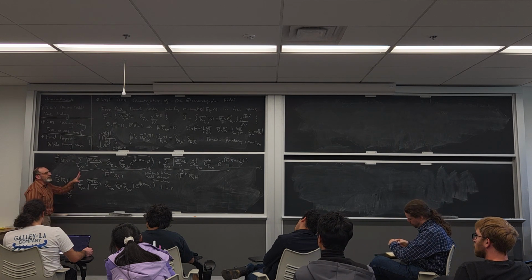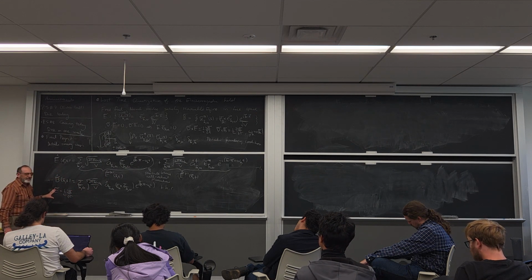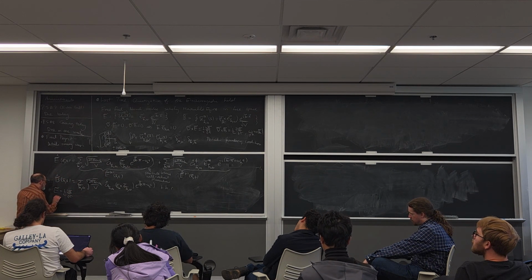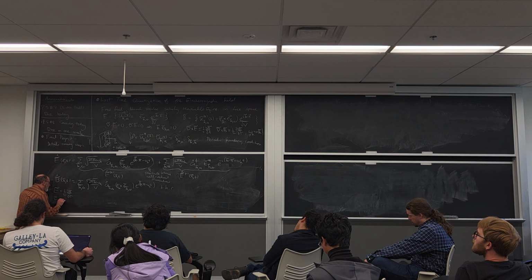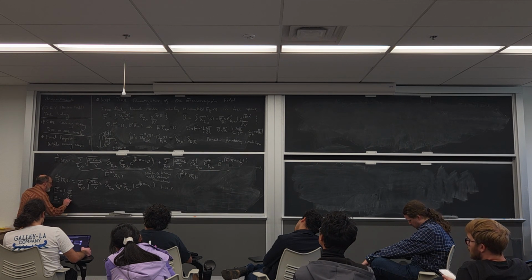So if I wrote the modes for the vector potential rather than for the field, then the electric field, for a given mode, is I omega over c times this.